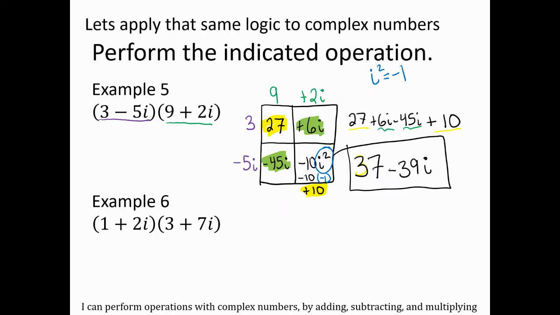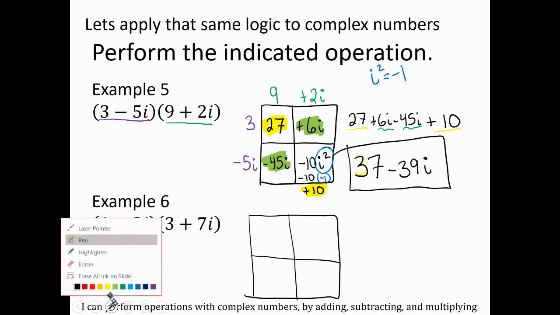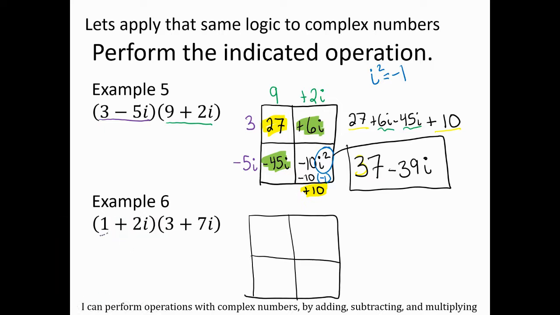Alrighty, so I'm going to do one more example, and then I want you guys to try it yourself. So remember, same parentheses goes in the same side. This time I'm going to put on the top for no reason other than to show you that you can.